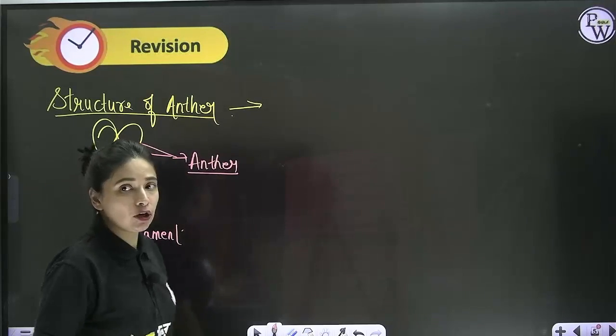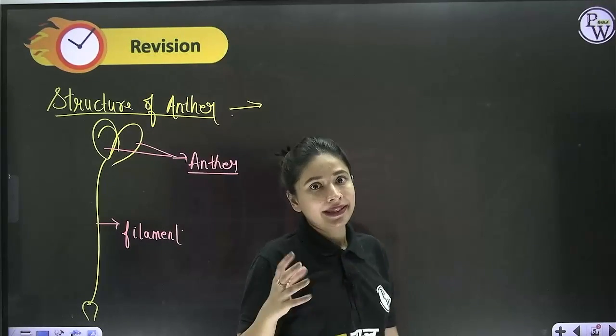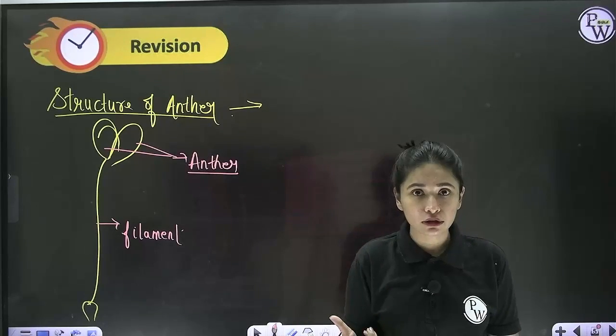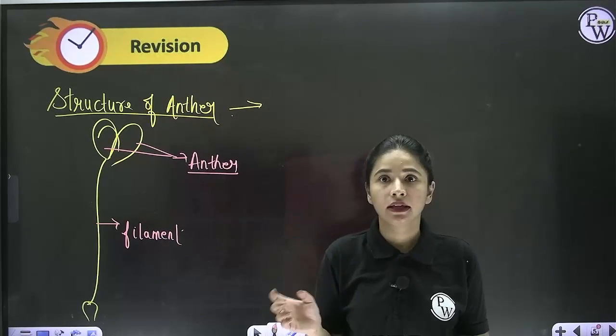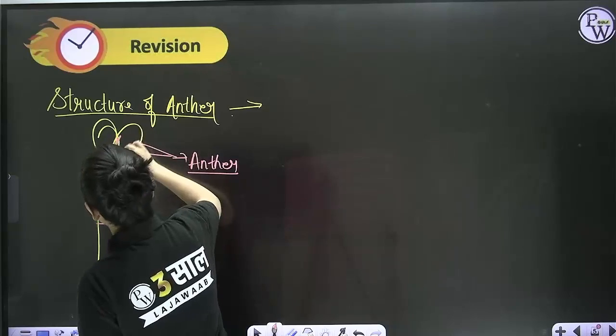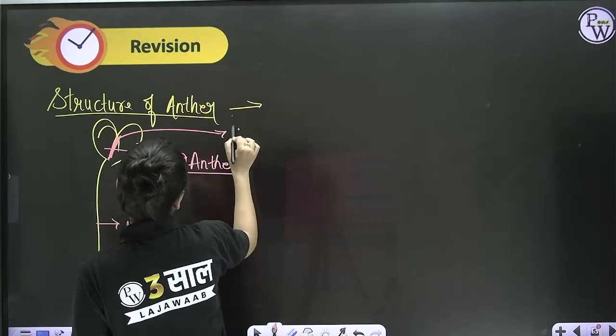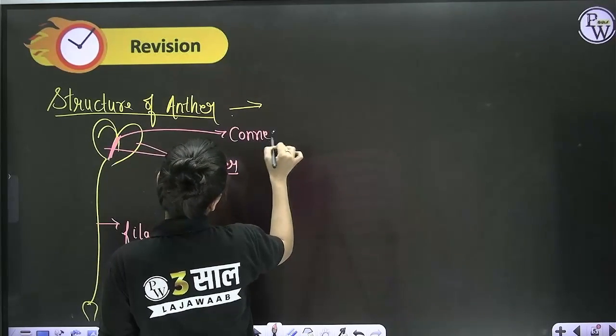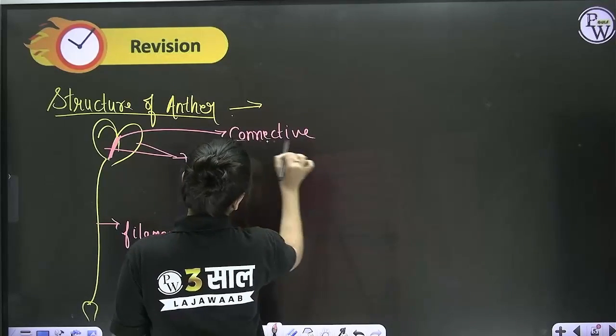Now you see how many lobes of anther are there? Two. Then definitely the two lobes are attached to each other. So the structure that keeps the two anther lobes connected is known as connective, right?